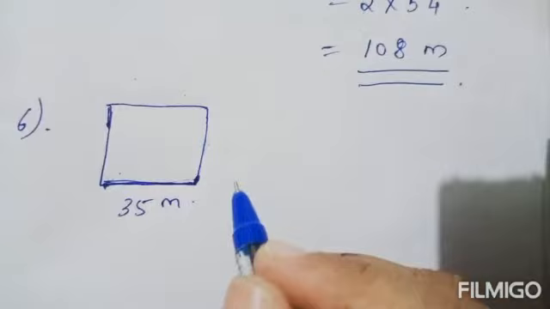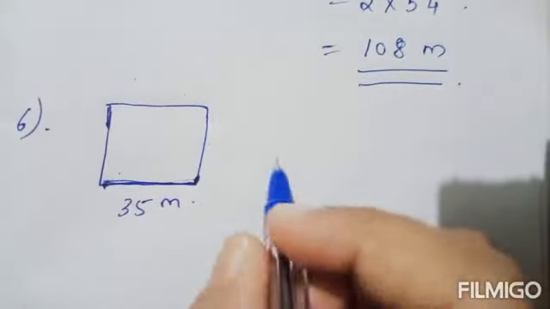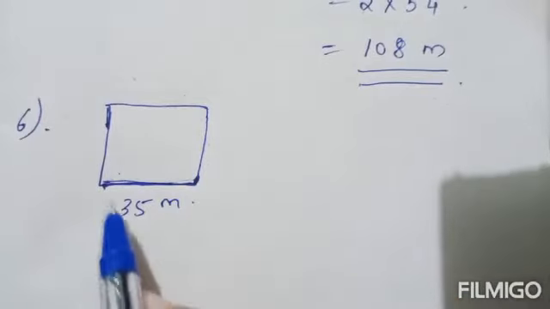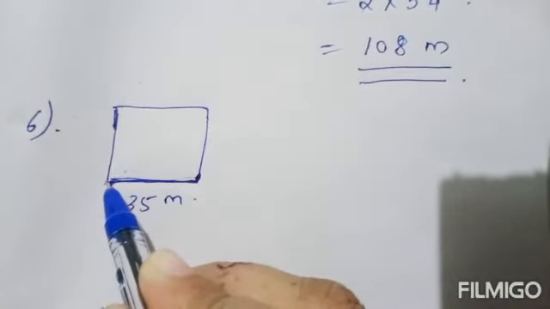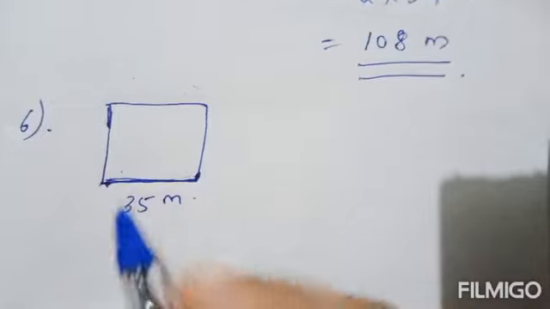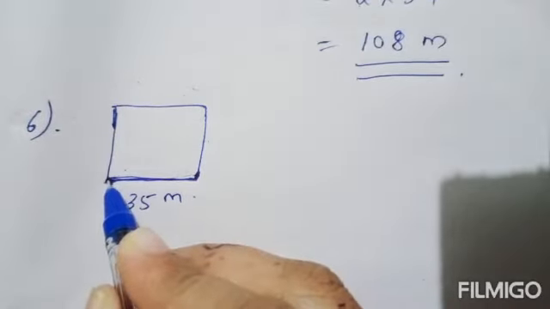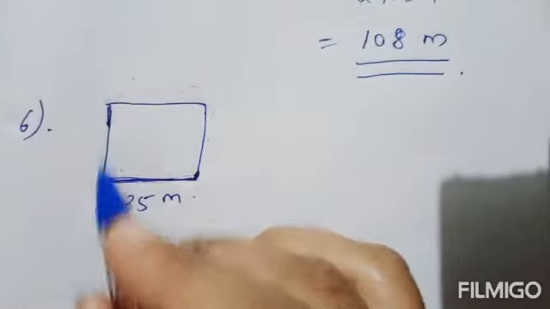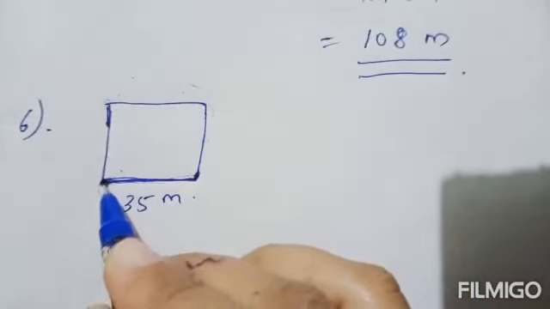Now you have to find what distance a man will walk in going around it 3 times. So a man is walking around this square field. Let him start from this point. One time he completed his walk, then second time also, third time also he completed.